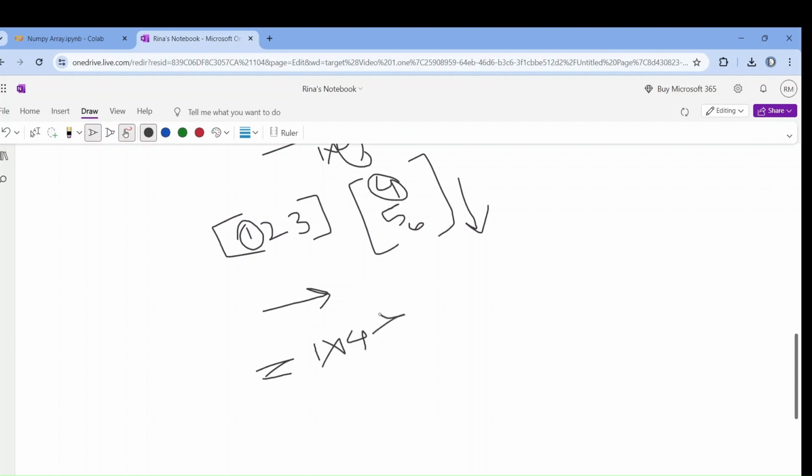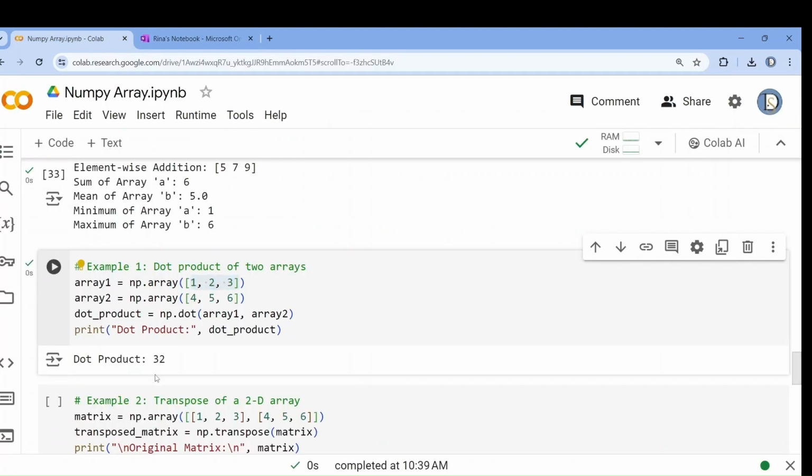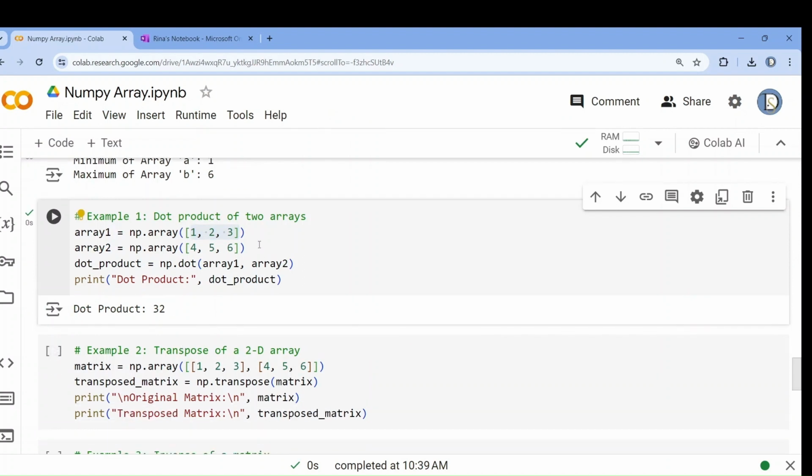Fine. Plus this one, 2 into 5. So I will write 2 into 5. Fine. Next plus, sorry, this is a plus symbol. 3 into 6. So we will write 3 into 6. So 4 plus 10 plus 18. So 14 plus 18. So the result is 32. Fine. Let me show you. Okay. Clear? So this is the way the dot product is done.